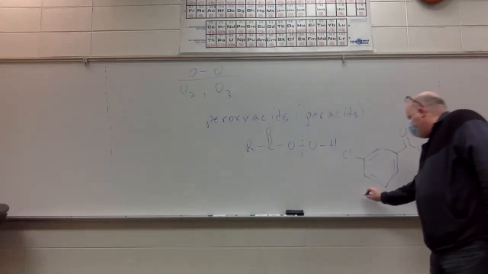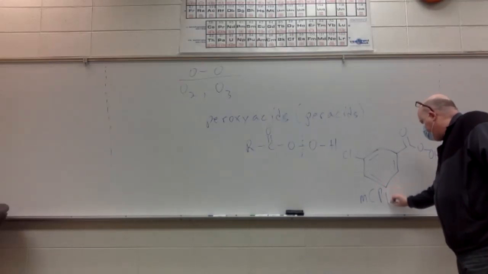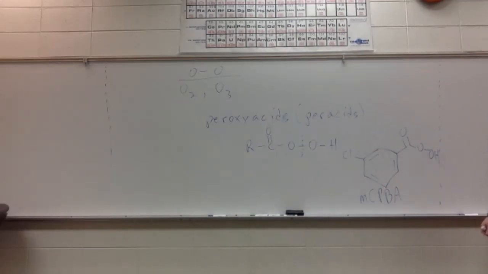However, you'll probably see it referred to as MCPBA for short. You know, we chemists love our acronyms. That's particularly going to be used a lot for one type of reaction that we're going to see here in just a few minutes. It's not the only one you can use, but it just so happens to be so commonly used it's worth highlighting.